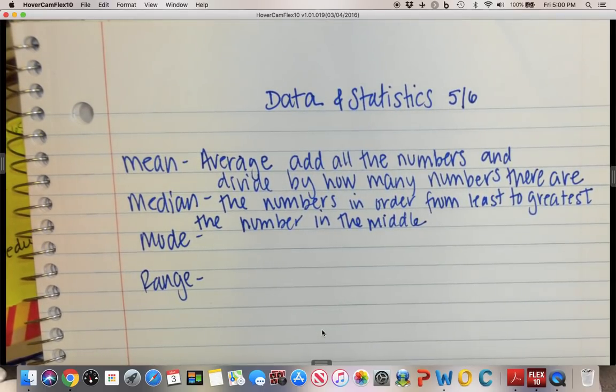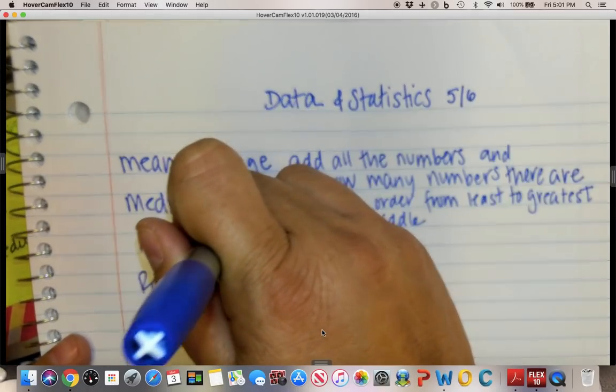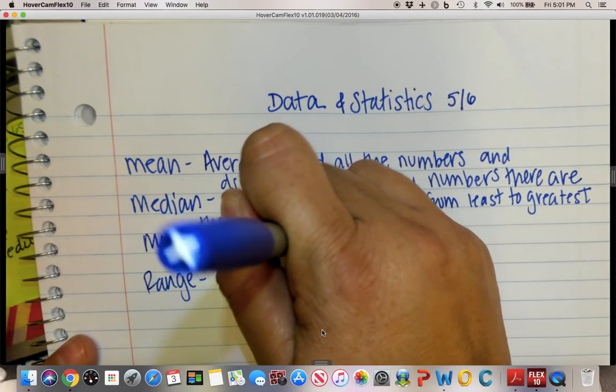If there is an even amount of data, then you have to find the mean of the two middle numbers. So if I have a data set of 10, there isn't a number directly in the middle. So I have to take the two numbers in the middle, add them together, and divide by 2 in order to find the median.